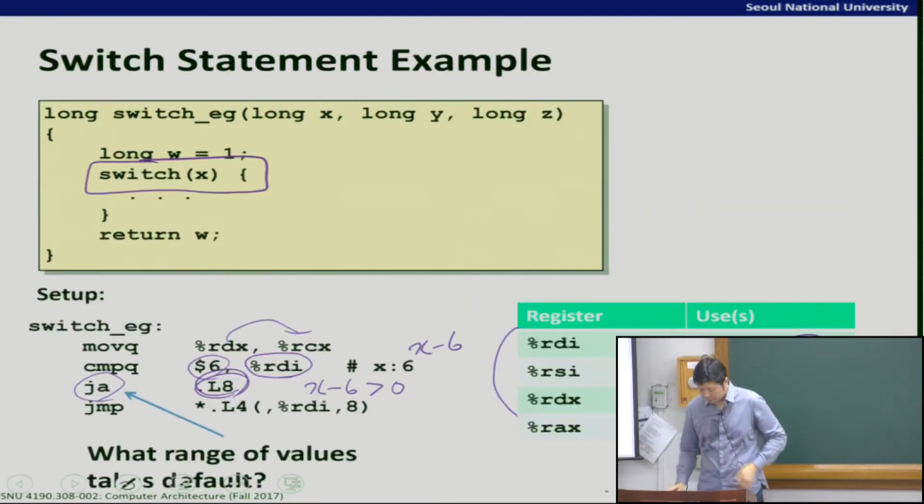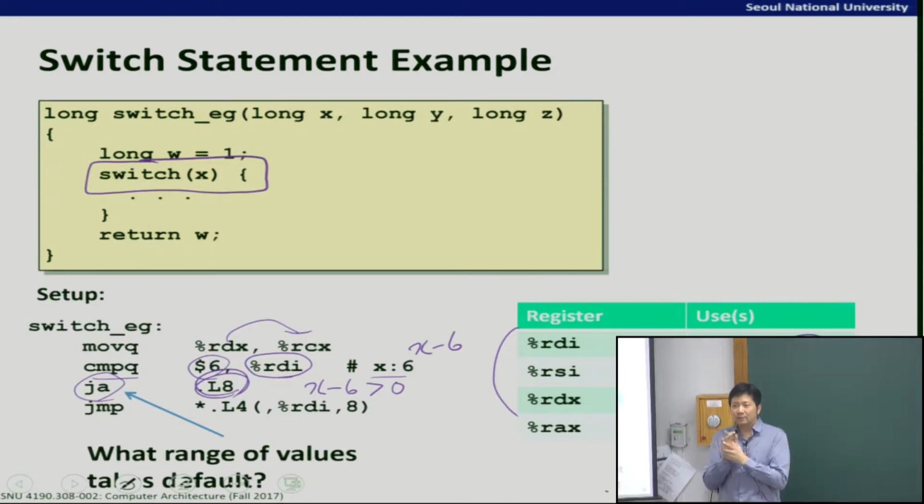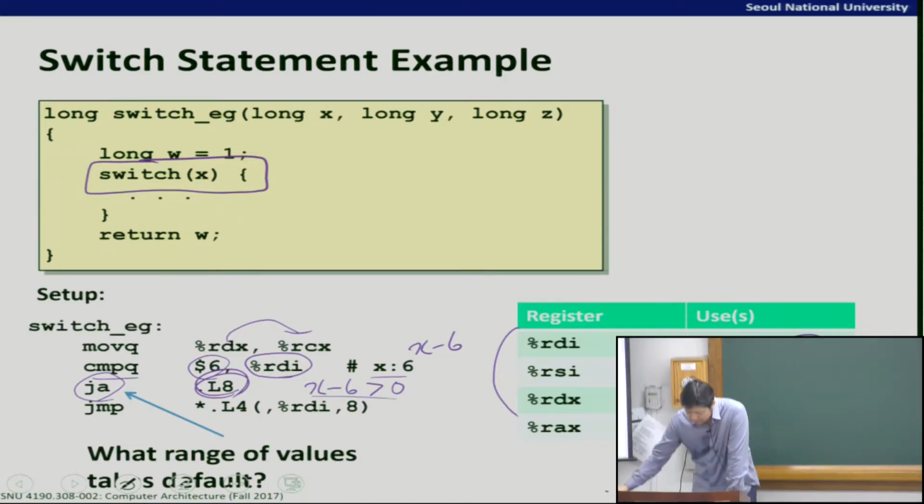So if you come back, we first compare the value of x against 6. Above is basically greater than, but applied to unsigned integers. So if x minus 6 is greater than 0, we go to label L8, the starting address for the default.